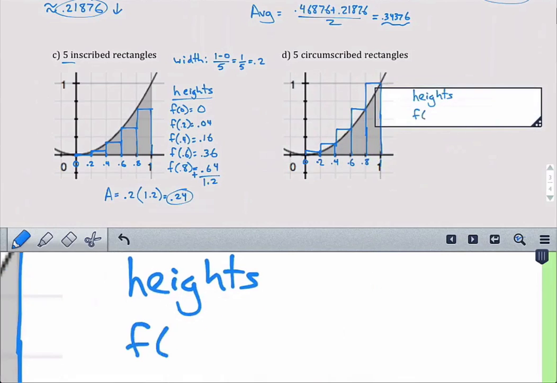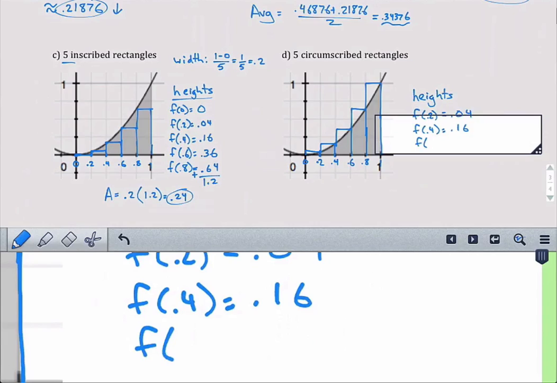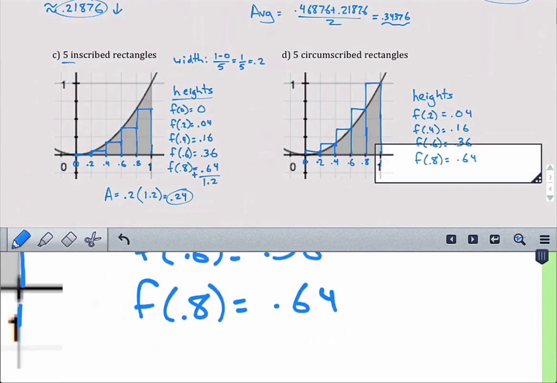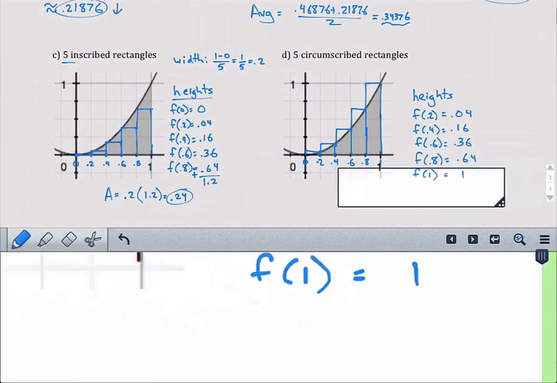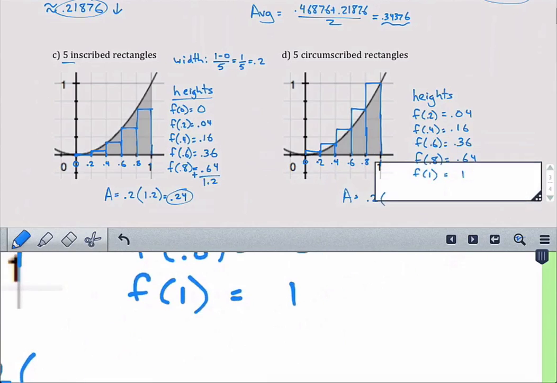So we're going to get f of 0.2, which again was 0.04, f of 0.4, which was 0.16, f of 0.6, which is 0.36, f of 0.8, which is 0.64, and f of 1, which is 1.